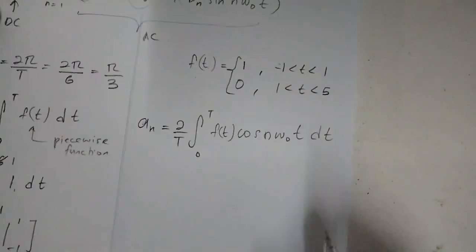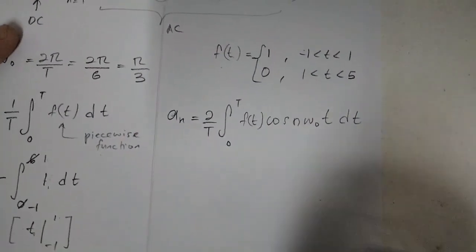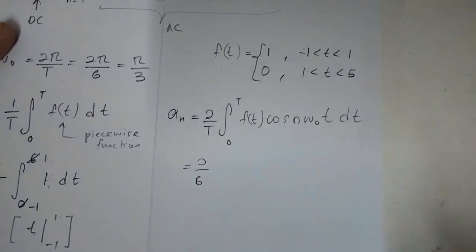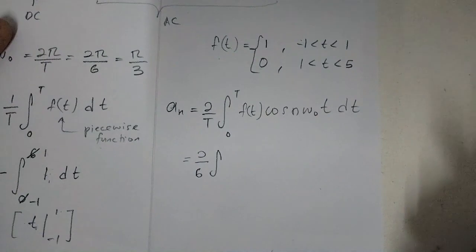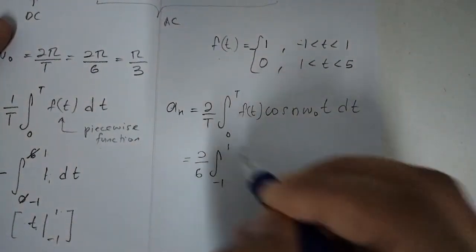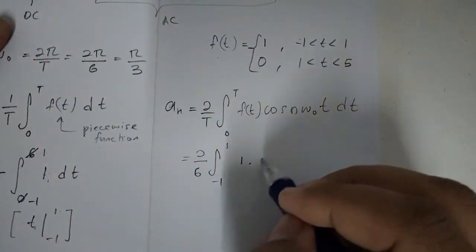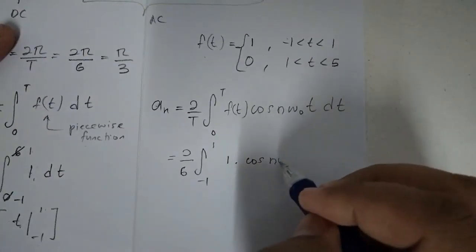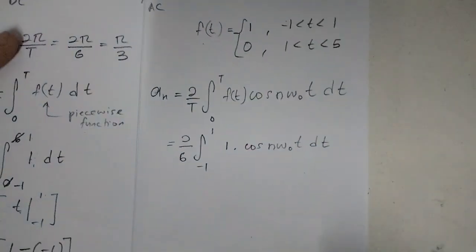Alright, same thing here. So 2/6, integration from -1 to 1, f(t) is 1, cos(n omega naught t) dt.